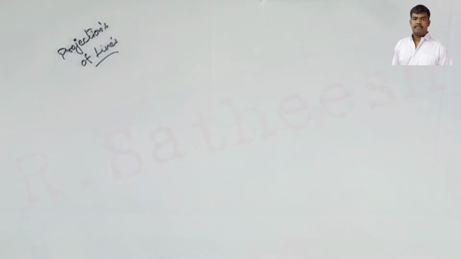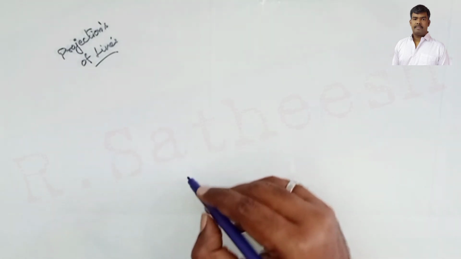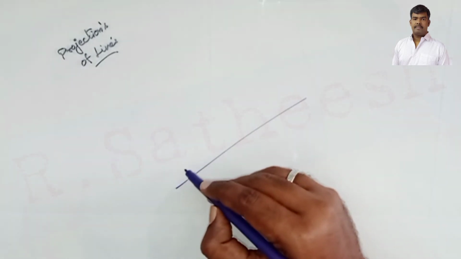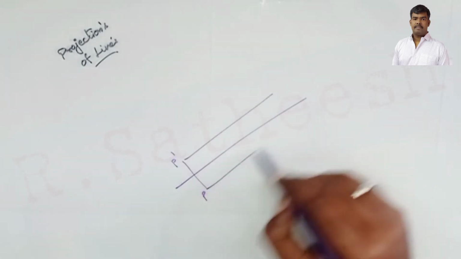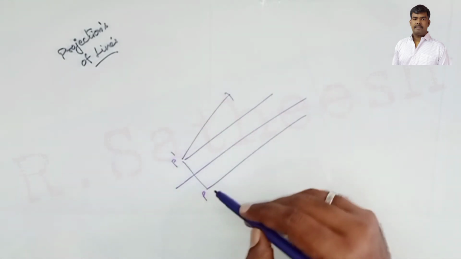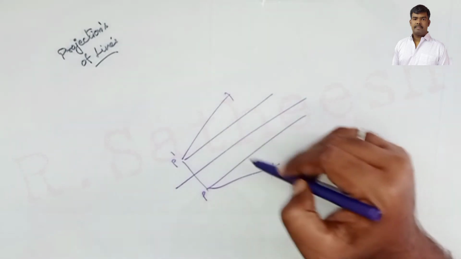In this problem, what values are given? The distance between the projectors of 2 points P and Q. You know well, like in all the problems we started. For example, this is P dash, P locus, true length. This is also true length, with angles theta and phi.